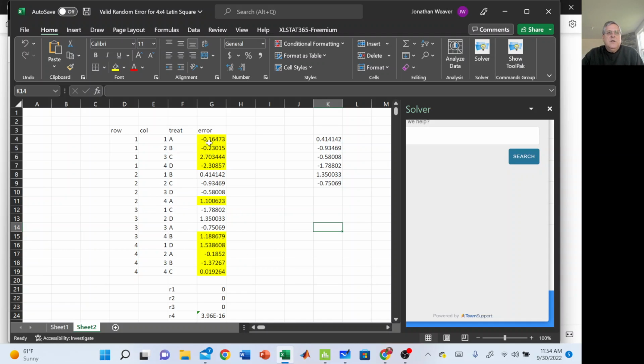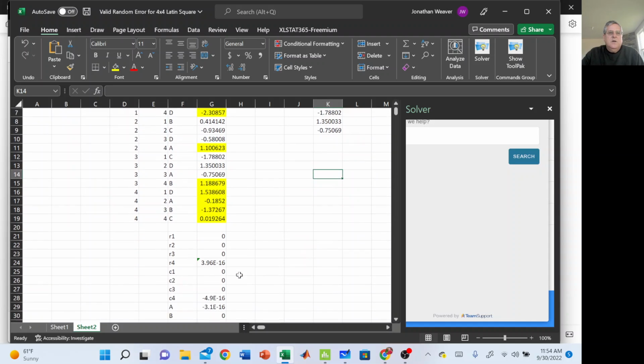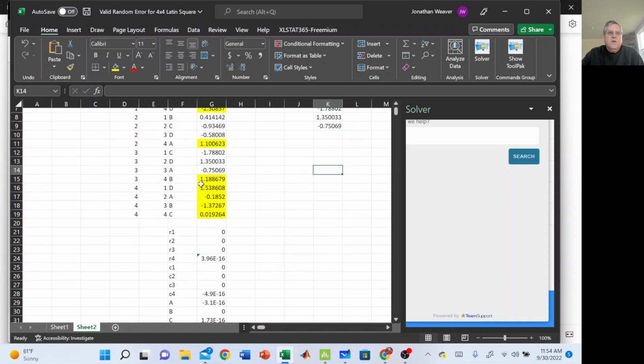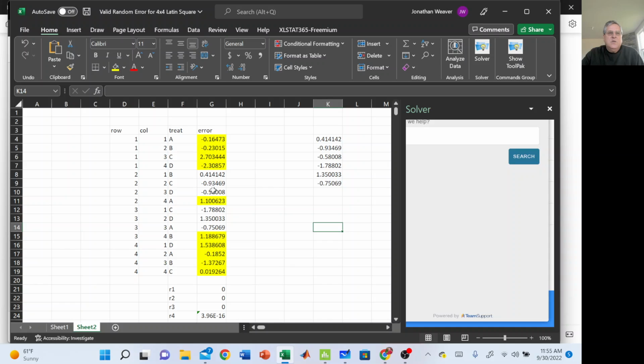So I now have generated 16 error terms that actually meet that condition. I used the Solver to set up the sum of rows, sum of columns, sum of treatments, and total mu is 0. Told it to vary the yellow ones, the 10 not independent ones, and came up with these.